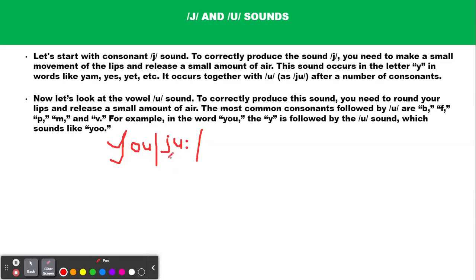So you can see a combination of J and U as the sound we produce if we want to say you. You have done well. You are doing well. Okay? You performed excellently in the last test. You. Okay? So that is how to transcribe the word.